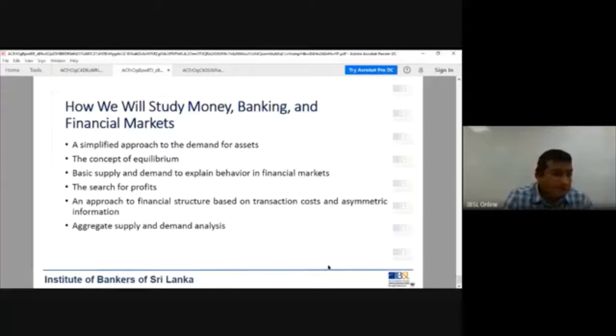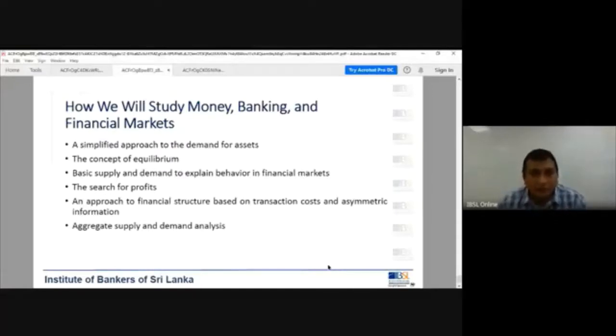Okay, we will be doing a very simplified approach to demand for assets, right? So assets are the financial assets that we are discussing here. Okay, we will look at an approach of demand for goods and services that you are familiar with in your economic classes.